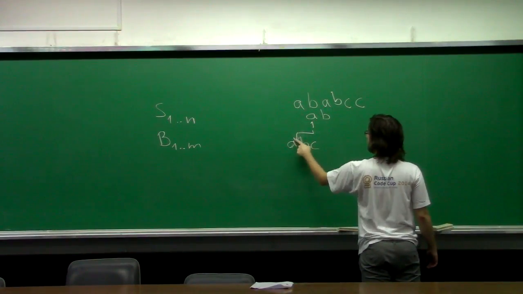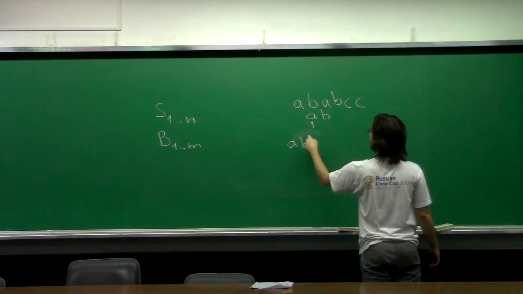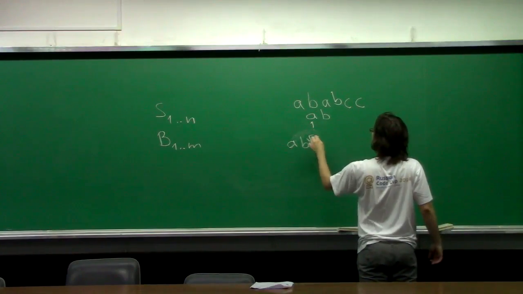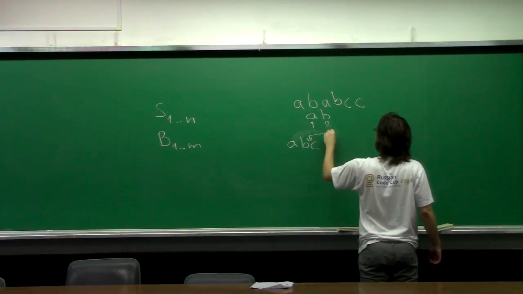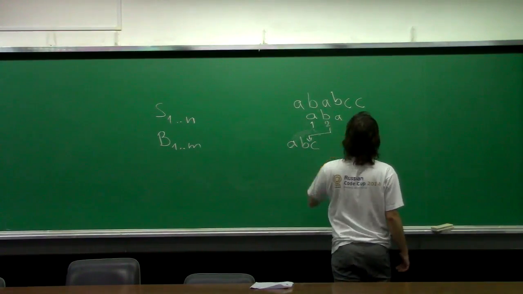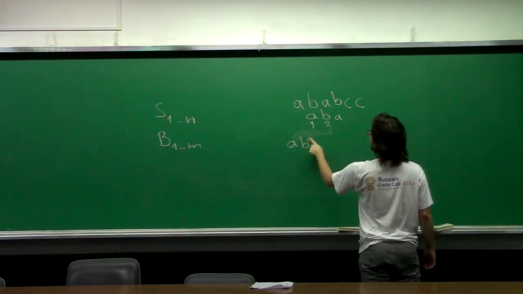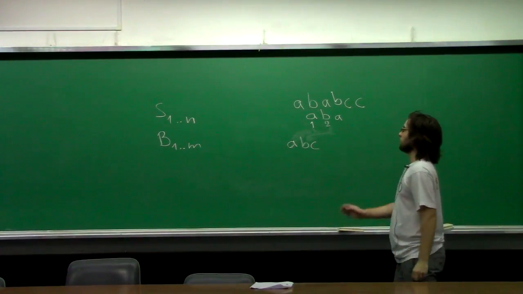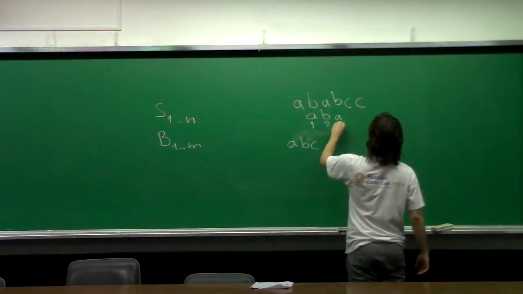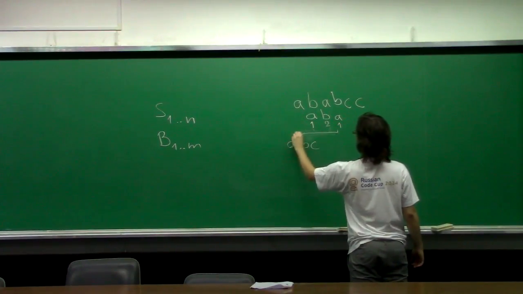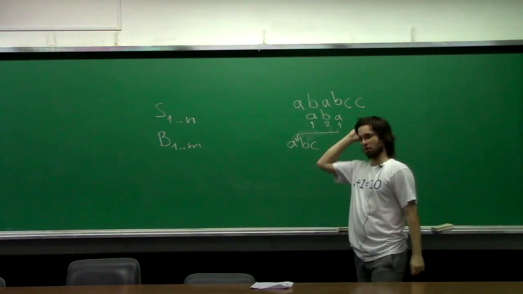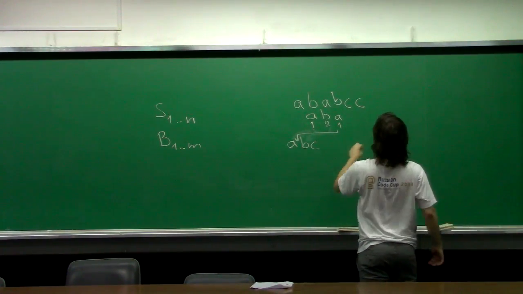Then we add B, so we know that the length of the prefix is 2, because it's AB. Then we add A, and now the longest prefix of B that's a suffix of this string ABA is just A. BA or ABA aren't prefixes of ABC, so this is just A. The length of it is 1.